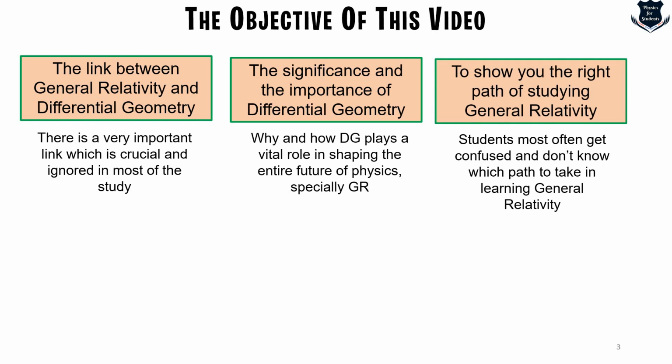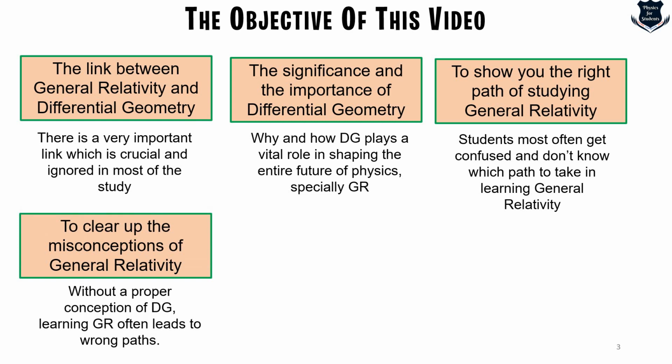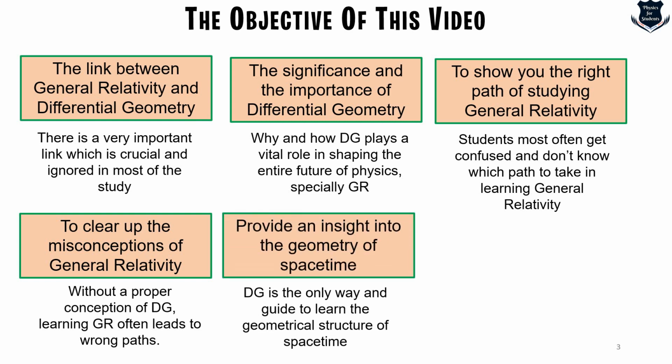I would also like to establish what the learning path is, what the right approach is which students should take in order to learn both general relativity and differential geometry, and what the areas are that you need to learn. Most importantly, I will also try to clear up certain misconceptions of the general theory of relativity, because without a proper conception of differential geometry, learning or understanding general relativity is almost impossible.